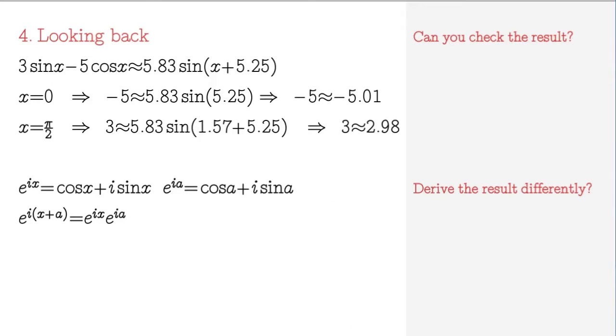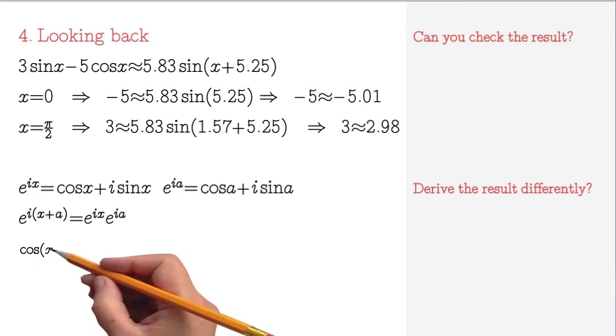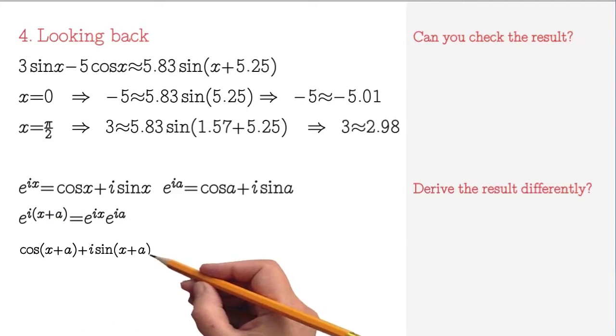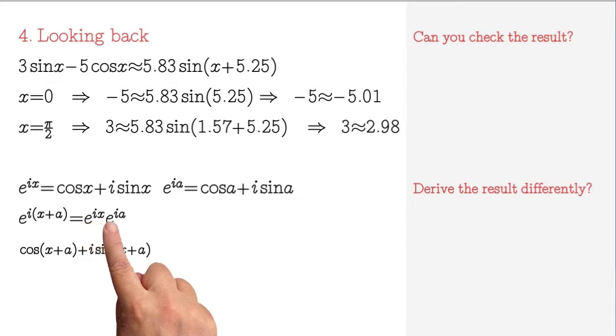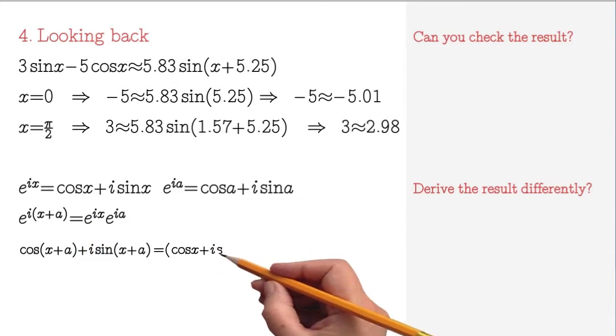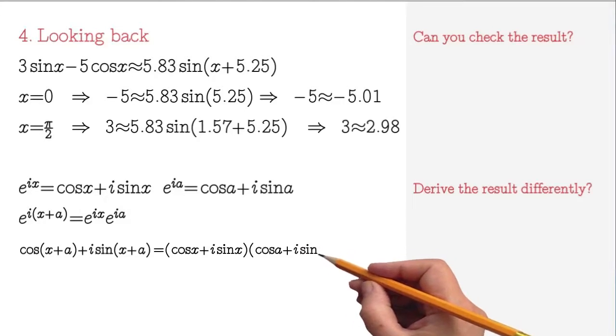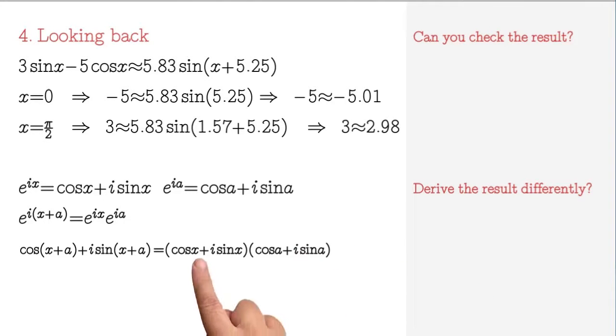According to Euler's formula, we can write the left-hand side of this equation as, and we can write the right-hand side as. By multiplying out the right-hand side, we can find the real part and the imaginary part, and equate them with the real part and the imaginary part of the equation on the left-hand side.